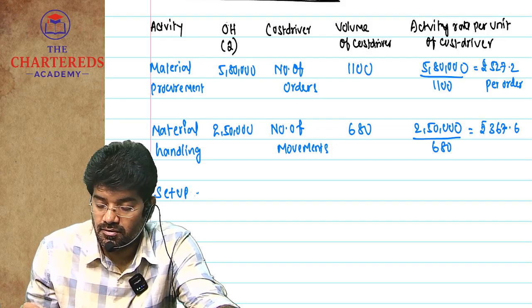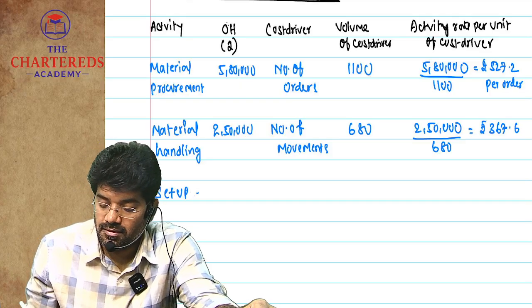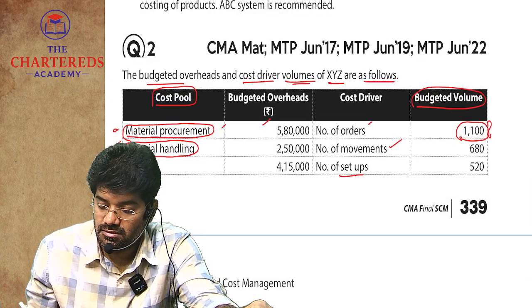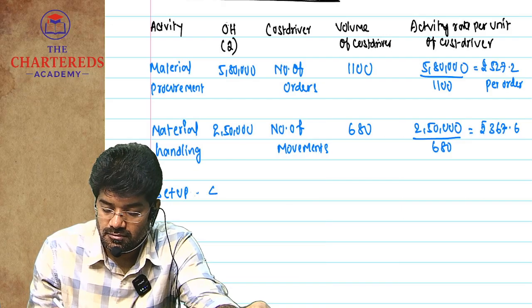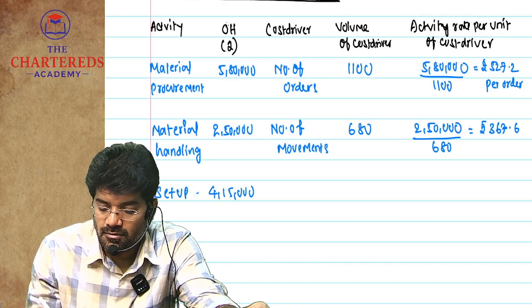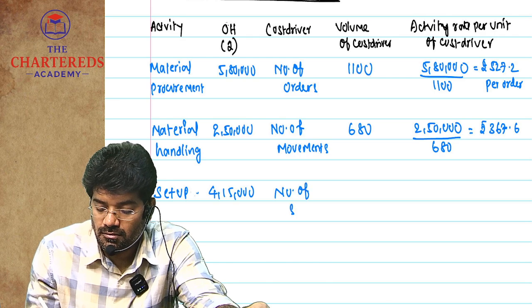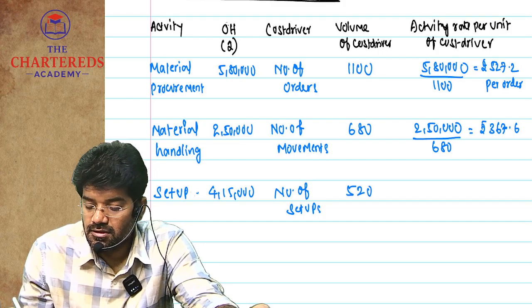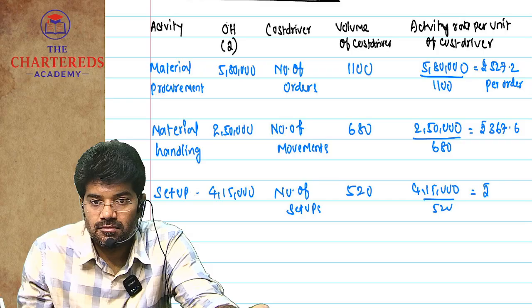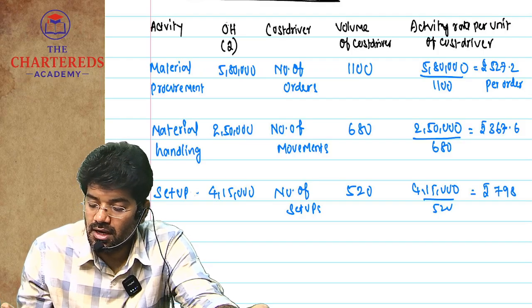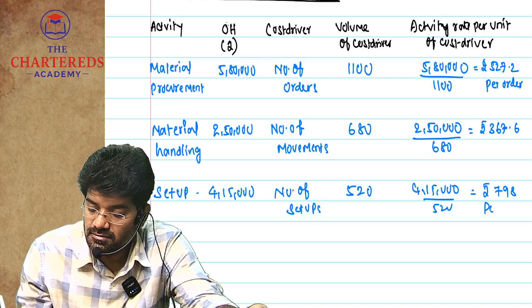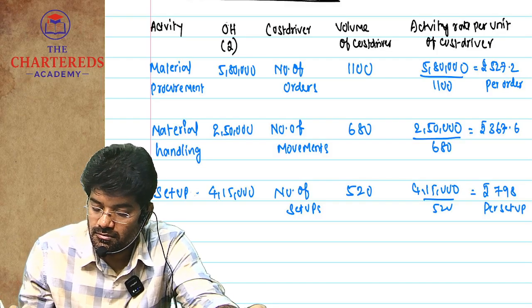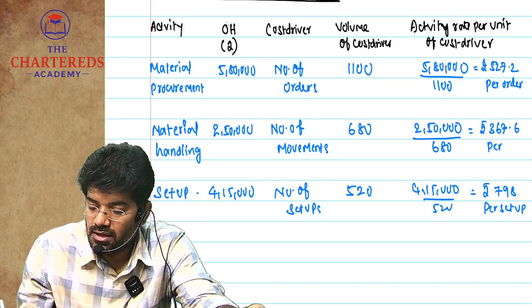What is the setup cost here? 4,50,000. Yes, so 4,50,000 divided by 520, 798 per setup.